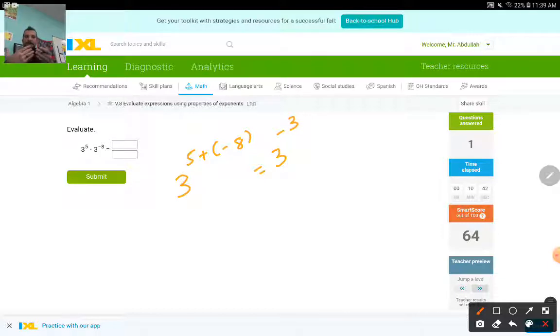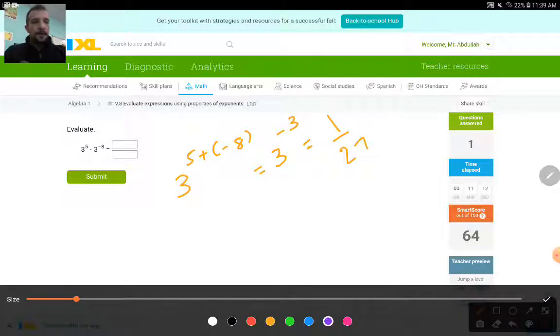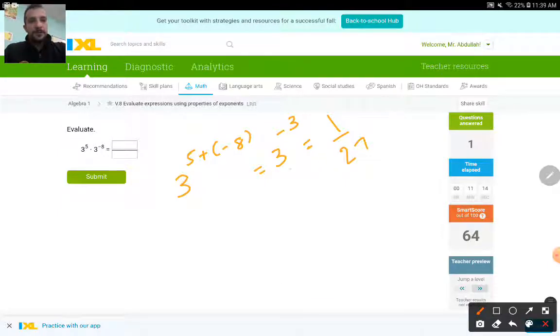But now look at the answer you have. It doesn't look like something I have. It wants me to type a fraction, right? Yes, I need to type a fraction. This means 1 over 27, by the way. Here is how you can figure that out. You can either punch this into a calculator, or you can figure out how to do it. 3 to the power of negative 3 is the same as making it a fraction and flipping it.